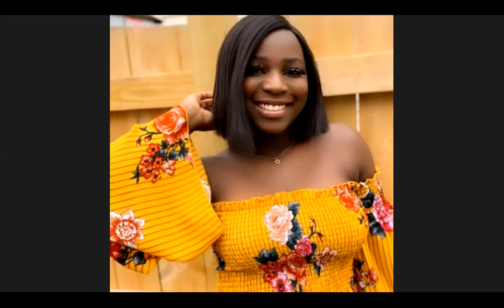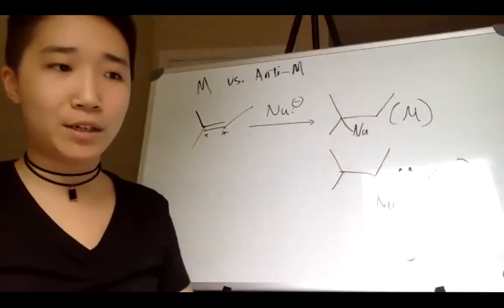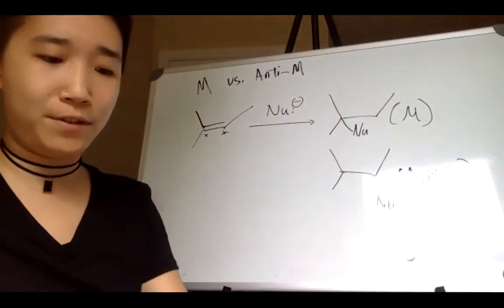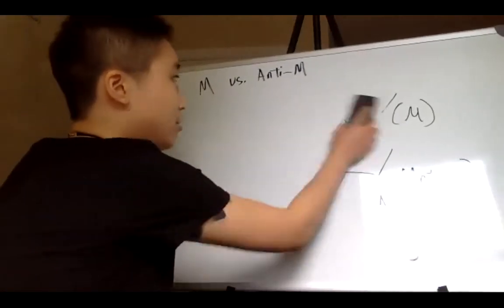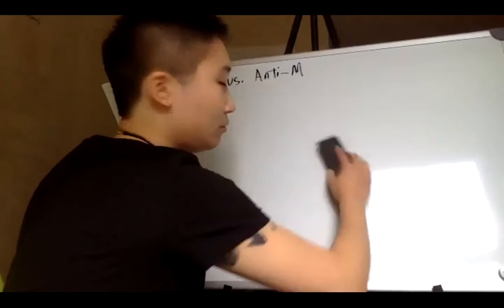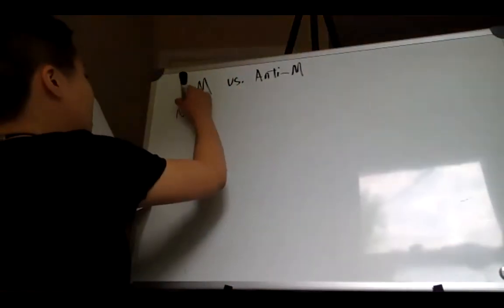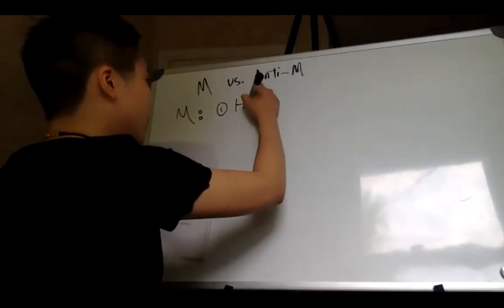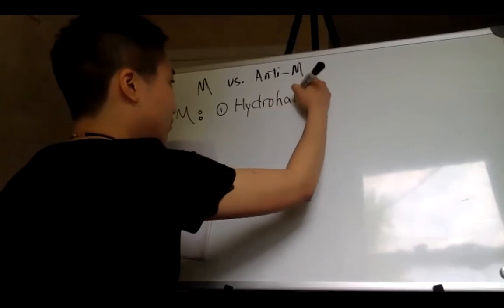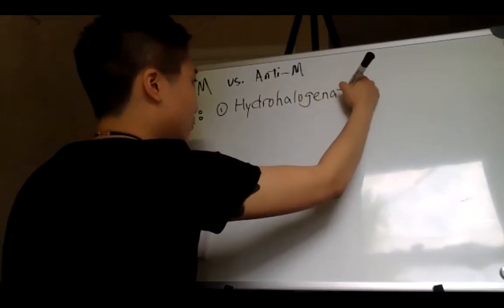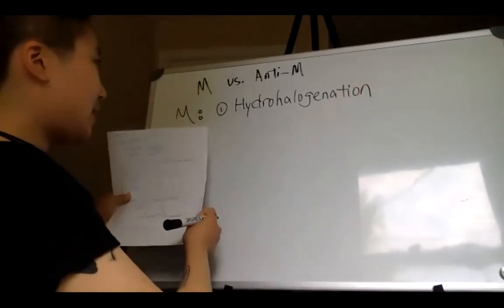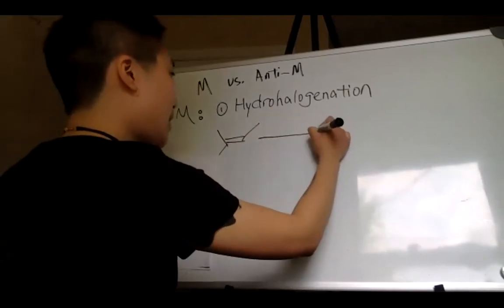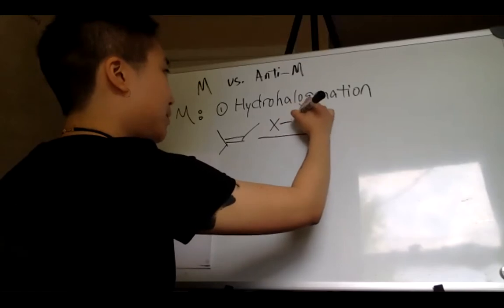All right, so anti-Markovnikov versus Markovnikov. I'm going to give you, just as a summary, a couple of examples of each. For Markovnikov, as you learned in last lecture, we have hydrohalogenation, which basically is that we take our simple alkene that is asymmetric and we add some sort of XH.